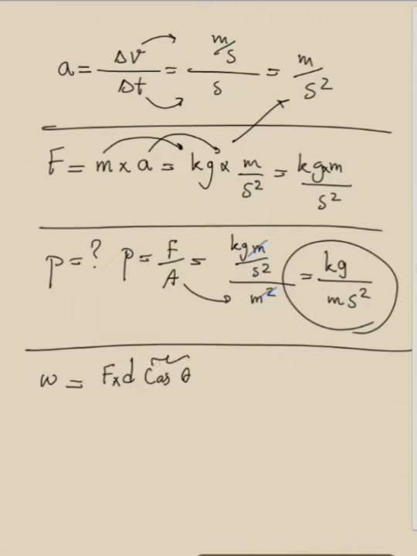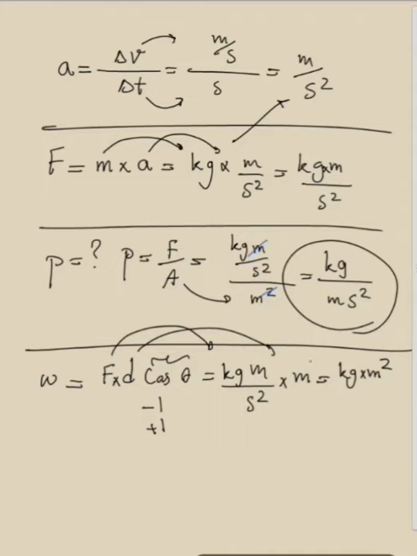But we know that cosine theta is a number between -1 and +1, so cosine theta is unitless. The unit of force is kilogram meter over second squared, and the unit of displacement is meter. So if you multiply these two terms, we get kilogram meter squared over second squared. So this is the unit of work.